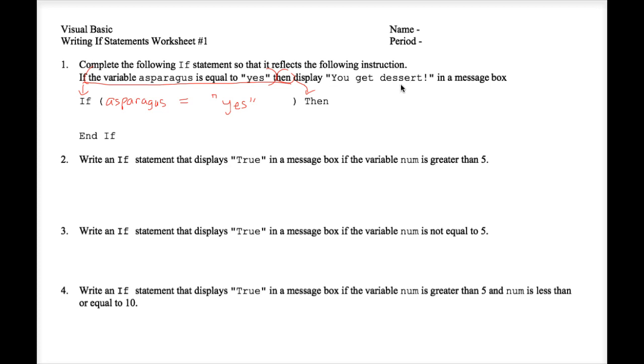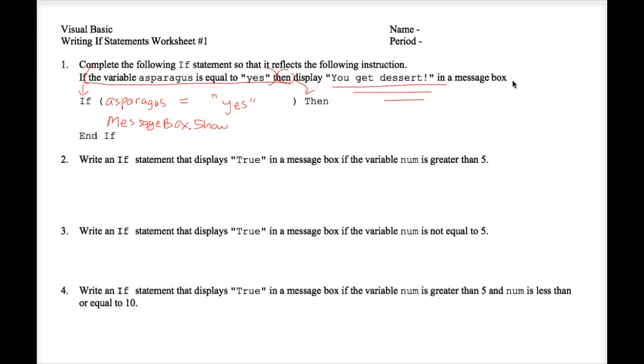And now the rest of this worded question was the reward, the prize. Hey, your parent says you get dessert, but they do it through a message box. And that should be indented for good style because it's part of what's called the body of that if statement. So messagebox.show, you should remember the .show method.